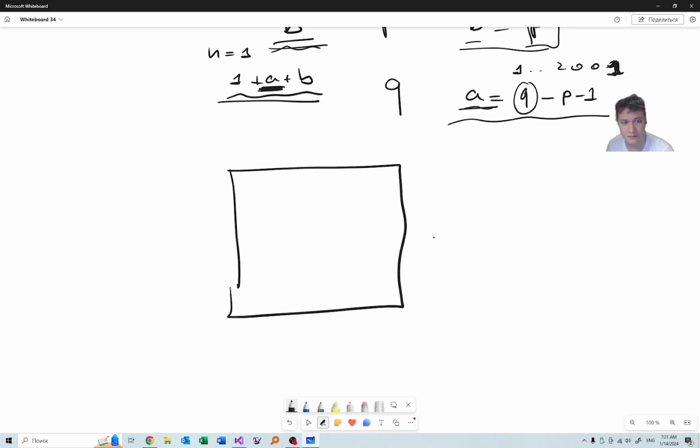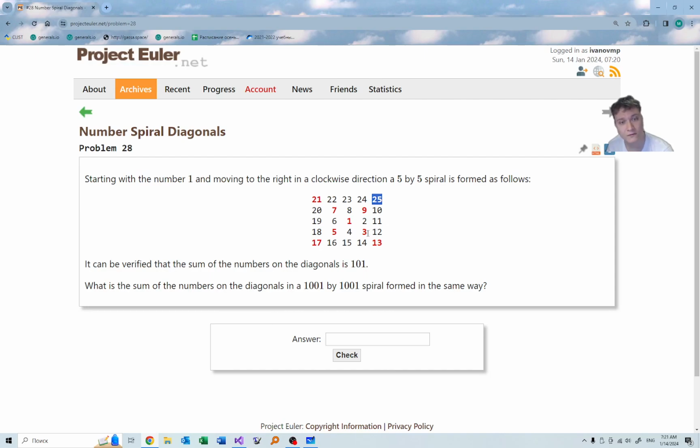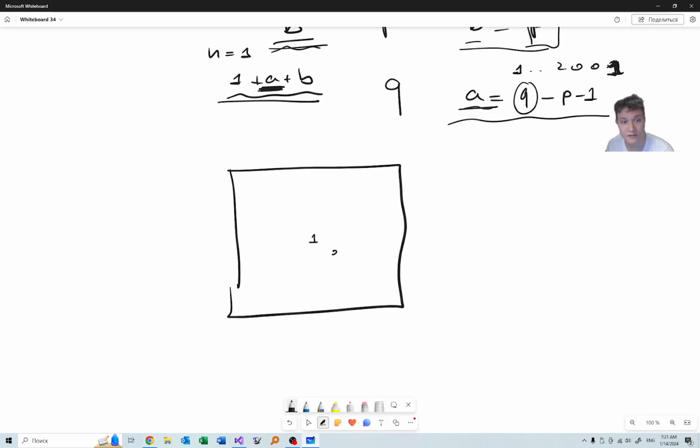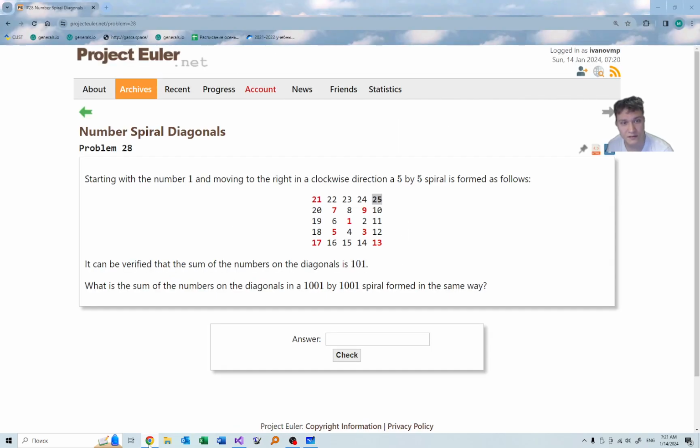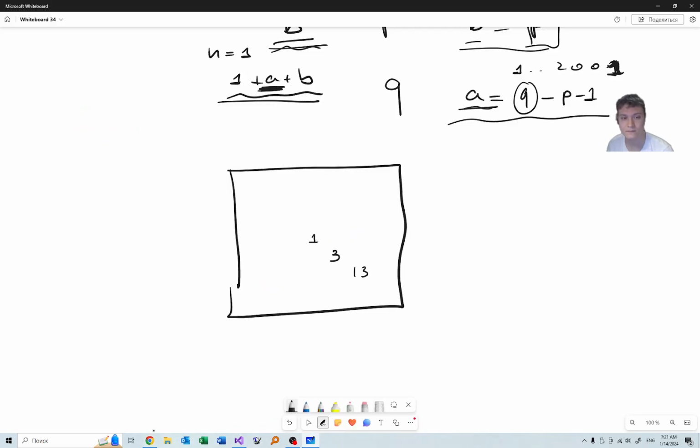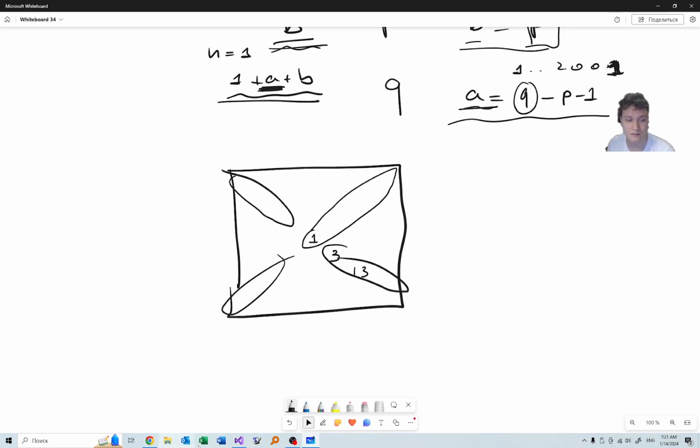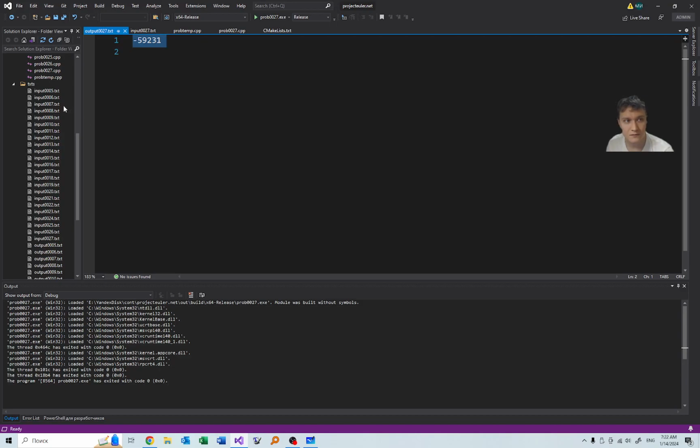If we have some beginning number, then no matter what the size of the spiral is, we definitely know that, for example, this is number 3. It is always 3, and it is always 13, etc. So we just need to find what kind of sequence is this, this, this, and this, and we are fine. We can even go further to have an O of 1 solution, but we will not. We will actually only have a linear solution.